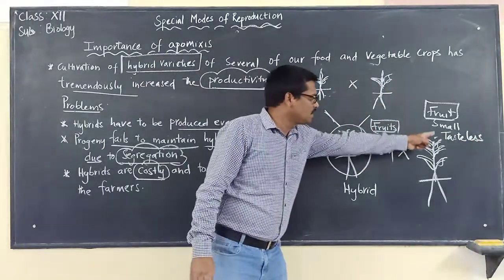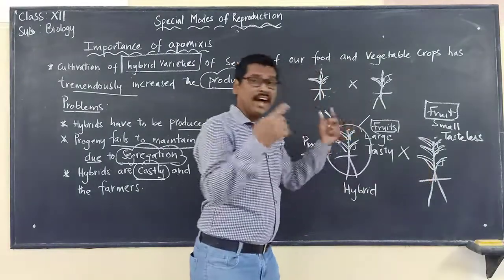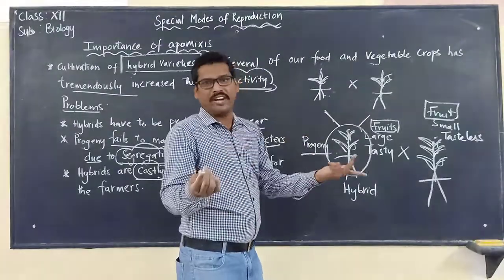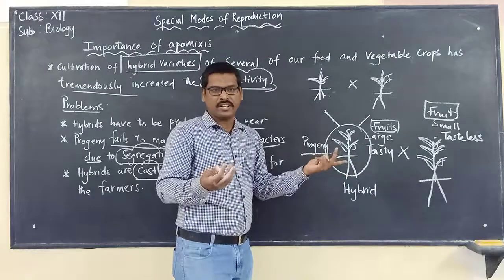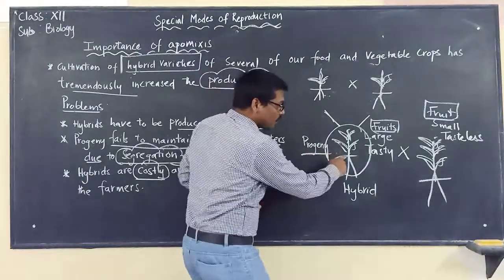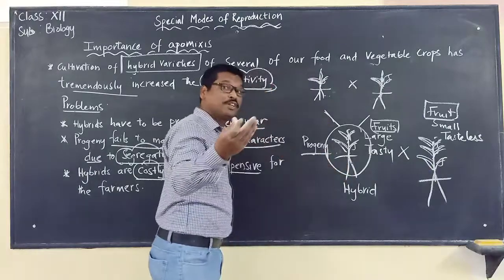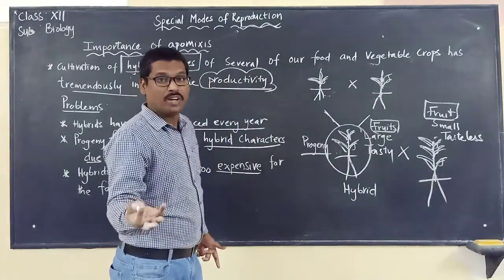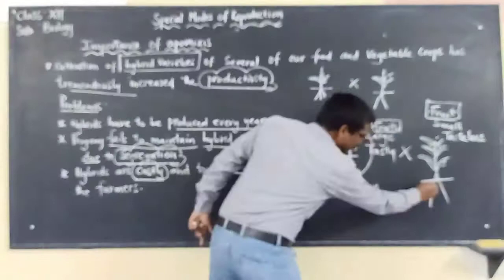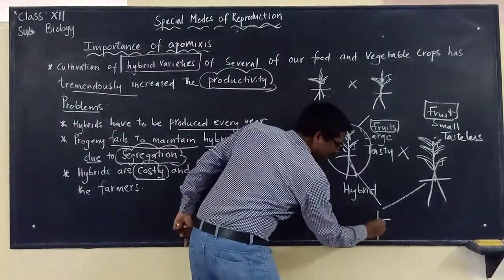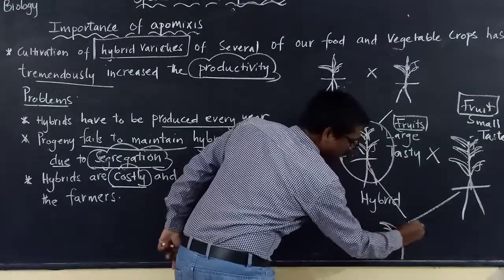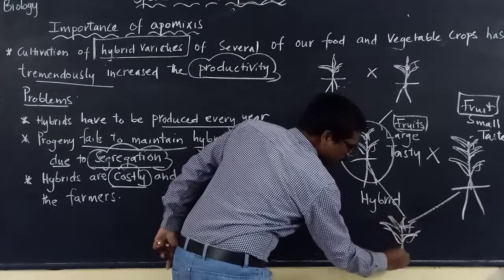Now naturally what happens? Pollination will be taking place. If the cross pollination is taking place between these two plants, then what will be the characteristics of their progeny now? This is the progeny of these two plants.